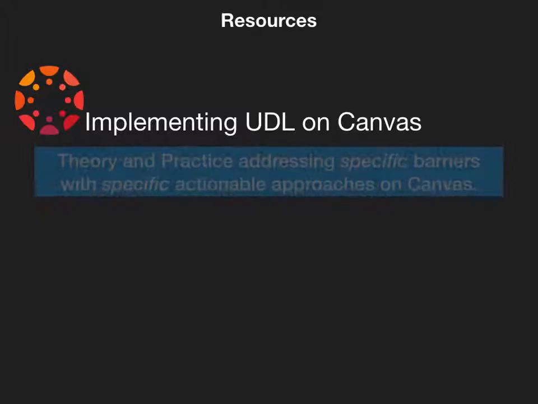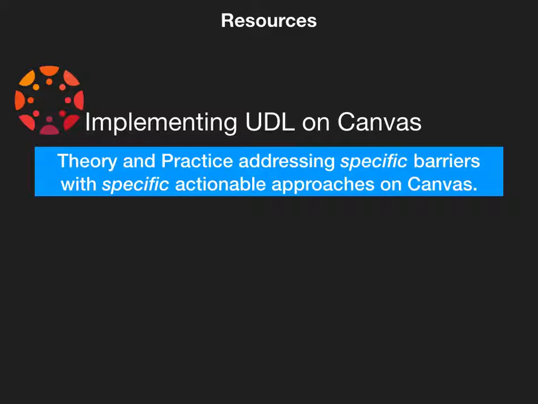I want to end by providing you with a couple of resources that will help you begin your journey as UDL practitioners. One is Implementing UDL on Canvas. We designed this over the course of the last year as a way to address specific barriers with specific actionable approaches on Canvas specifically. So this is a great resource to help you as you're building your Canvas course.